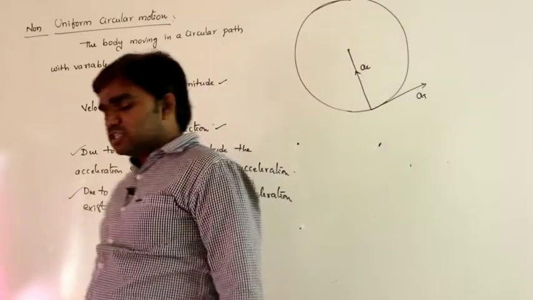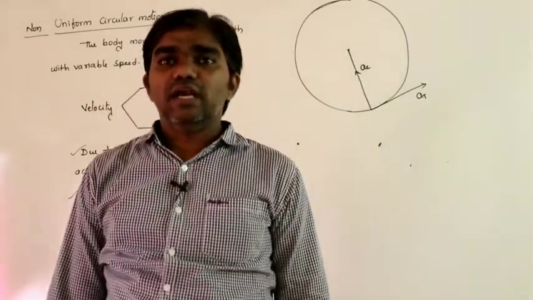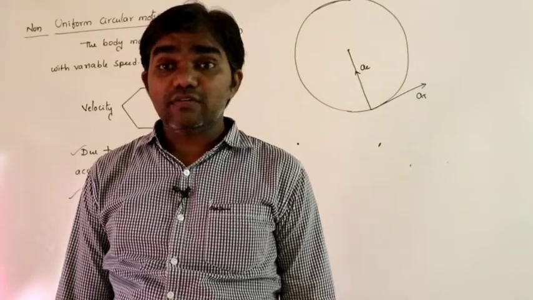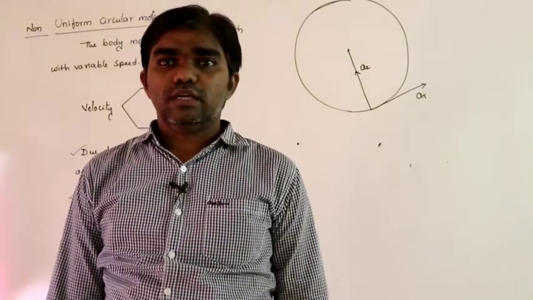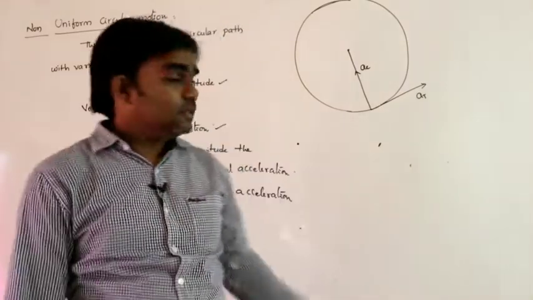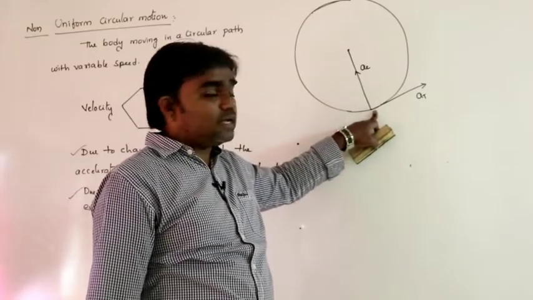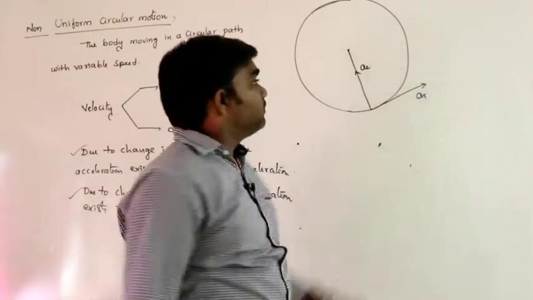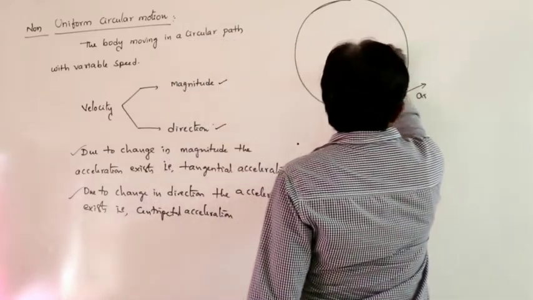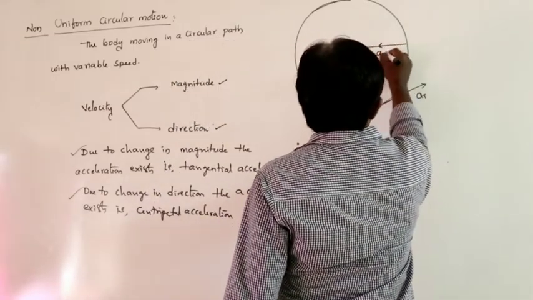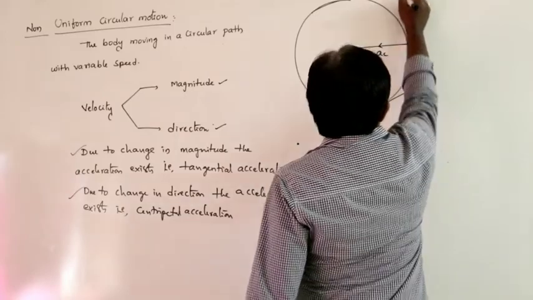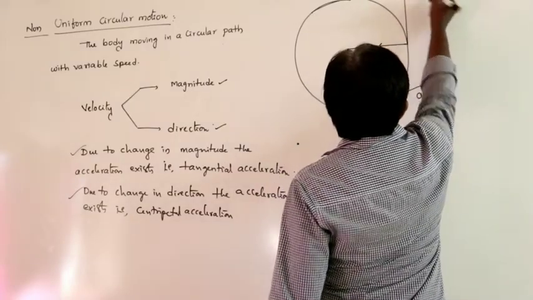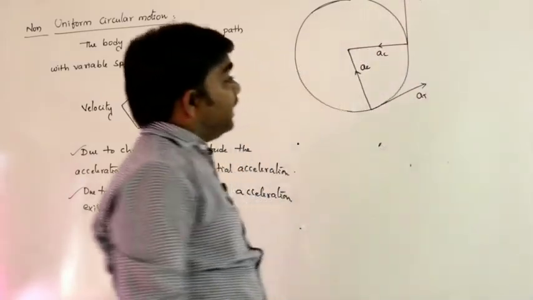The direction of tangential acceleration is always tangential to the circular path at that position, the tangent drawn at that point.